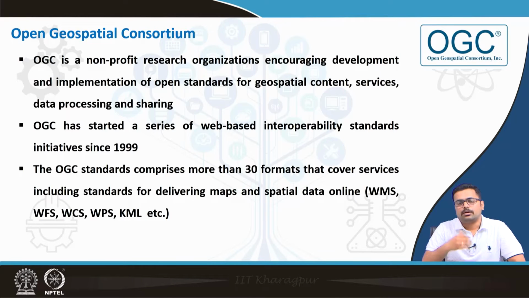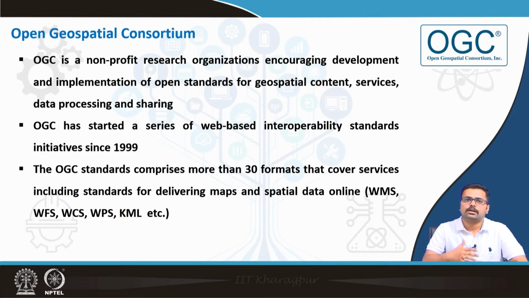So when we are talking about geospatial consortium, that is nothing but Open Geospatial Consortium. This is basically a non-profit organization which encourages the development and implementation of open standards for all our geospatial data. It also encourages open source data processing, open coding and open sharing of the geospatial data.